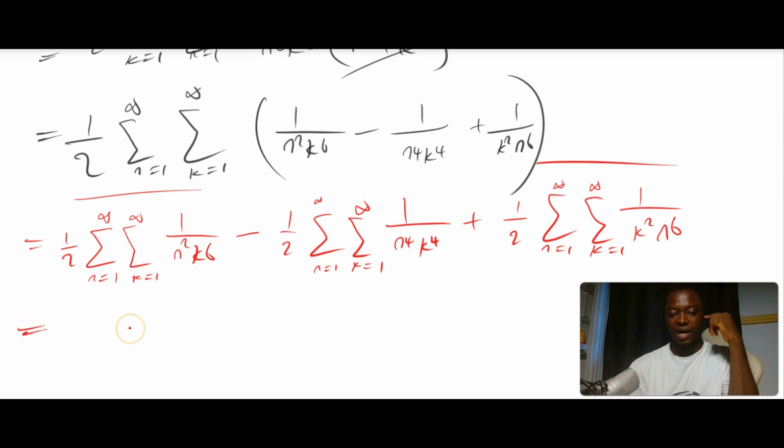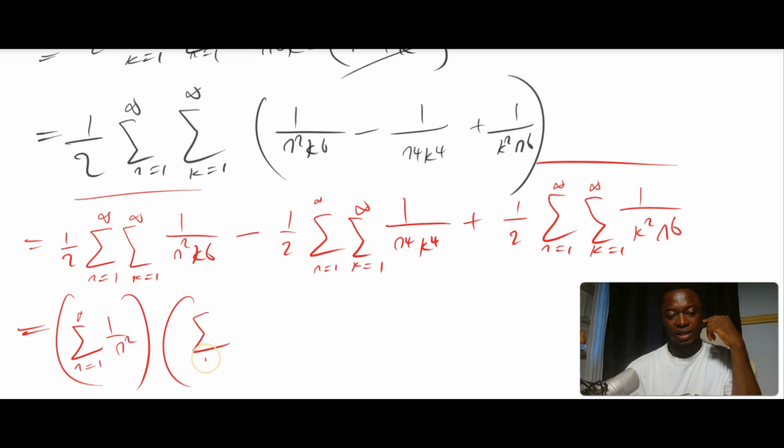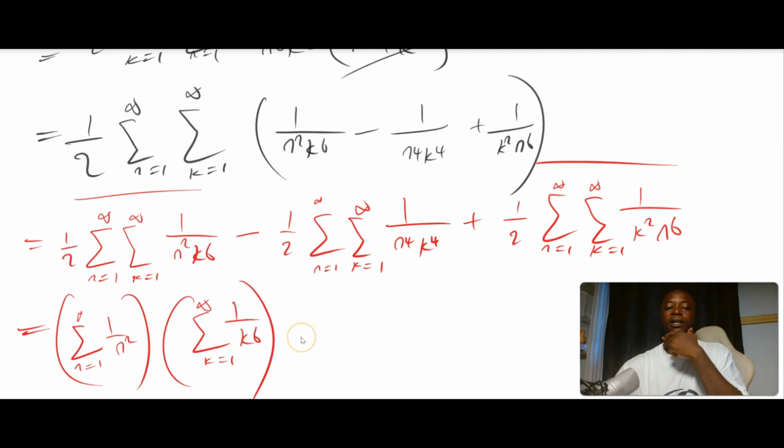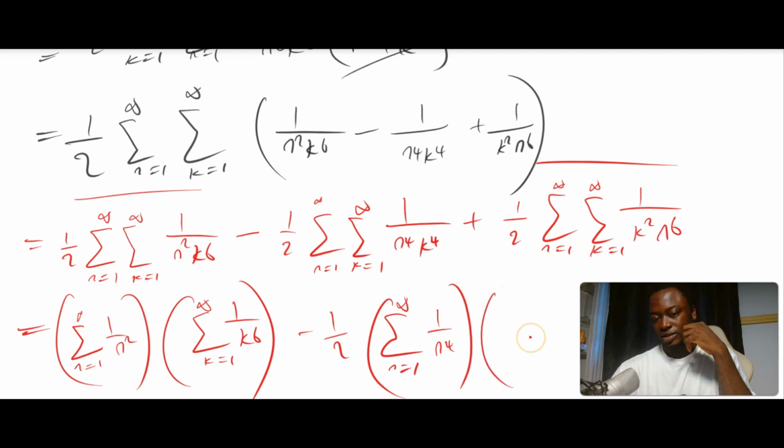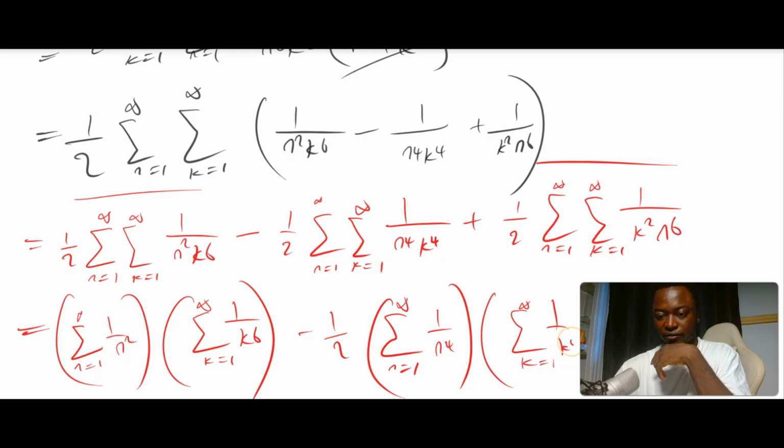So we could write them as the double sum as n runs from 1 to infinity of 1 over n squared times the sum as k runs from 1 to infinity of 1 over k to the 6th power, minus half of the sum as n runs from 1 to infinity of 1 over n to the 4th times the sum as k runs from 1 to infinity of 1 over k to the 4th.